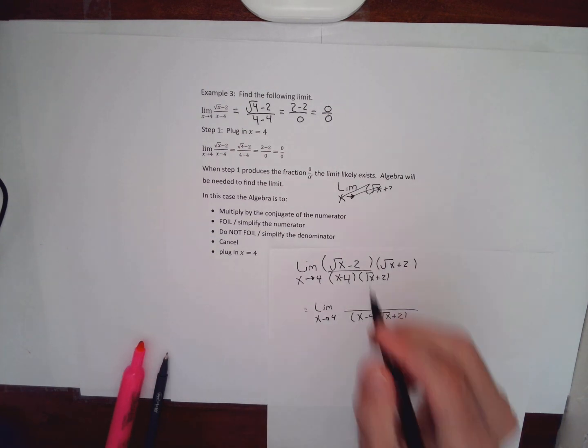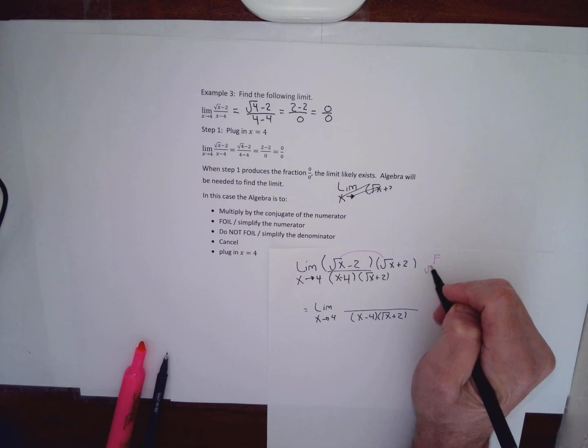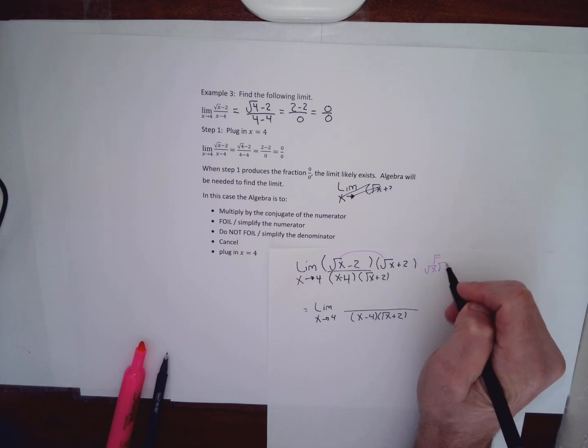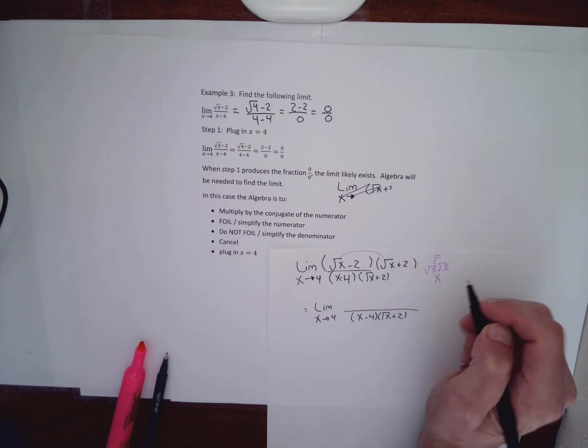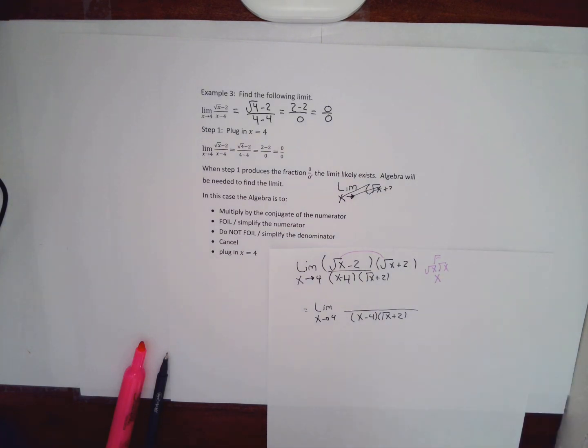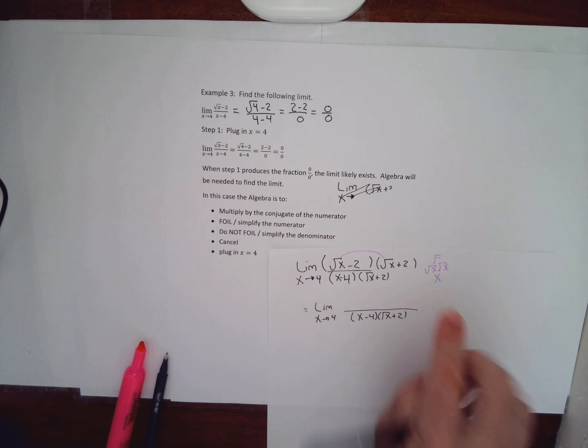So for the numerator, I need to do firsts, which are the square root of x times the square root of x. Anytime you multiply two identical square roots, it simplifies to what's under one of the square roots, without the square root symbol. So square root of x times the square root of x is just x.